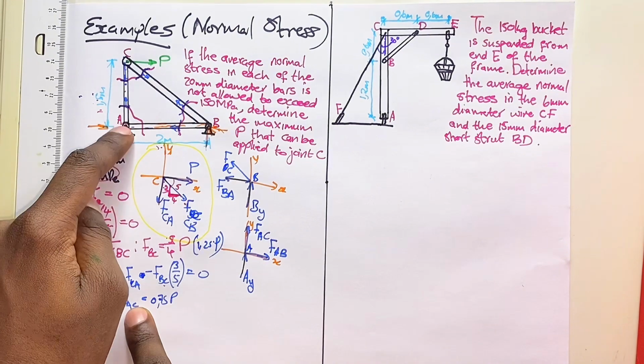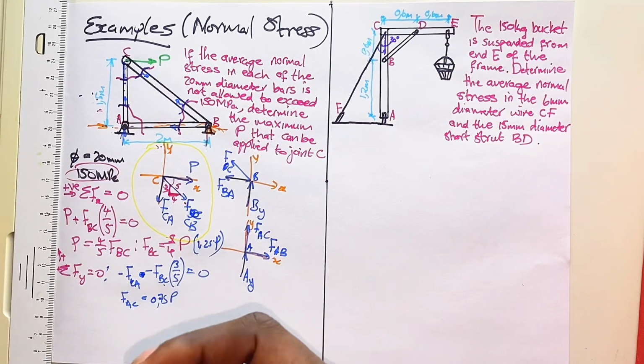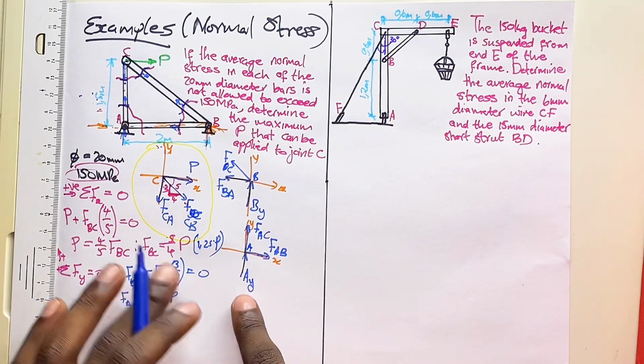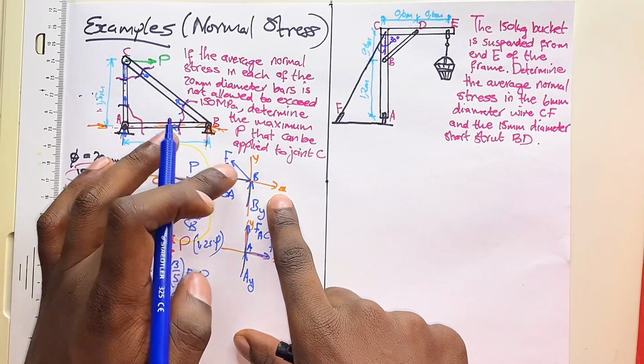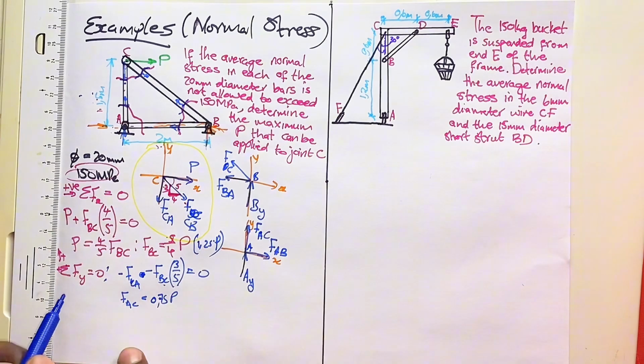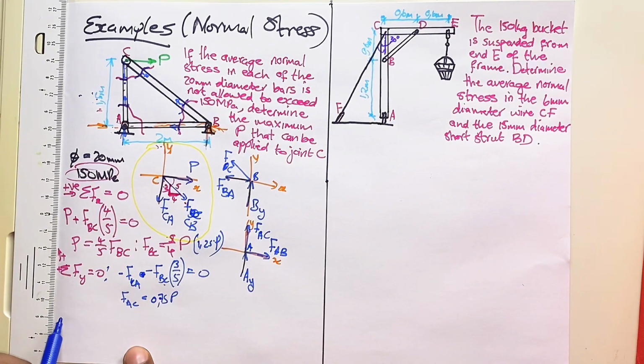Now we have AC and we have BC. Can we find AB? Now to find AB, I've used up this joint, so let's go to joint B. So at joint B, I take the forces in the x-axis.